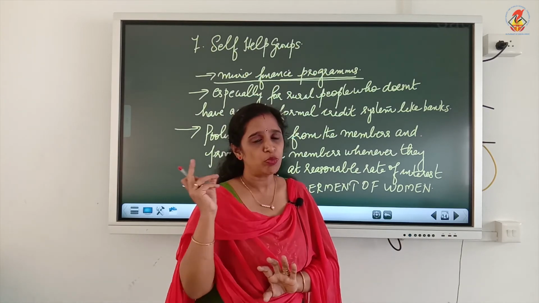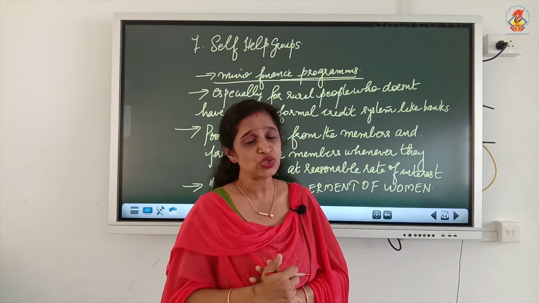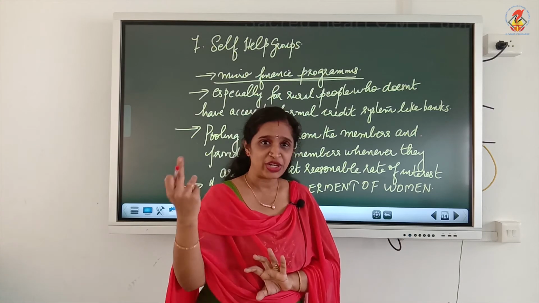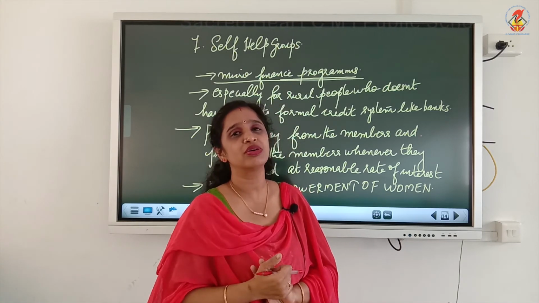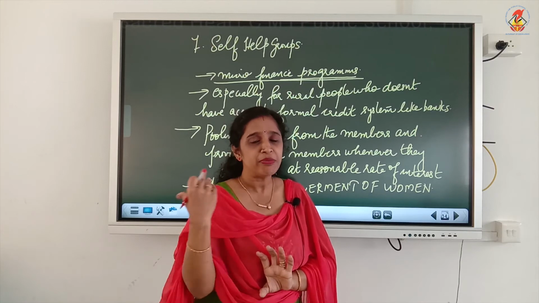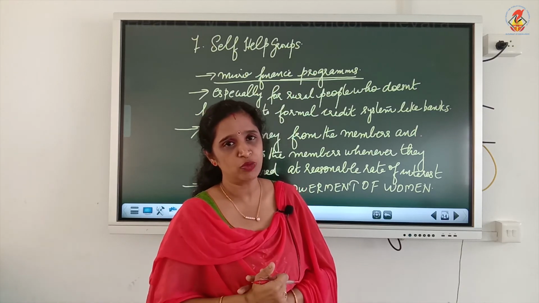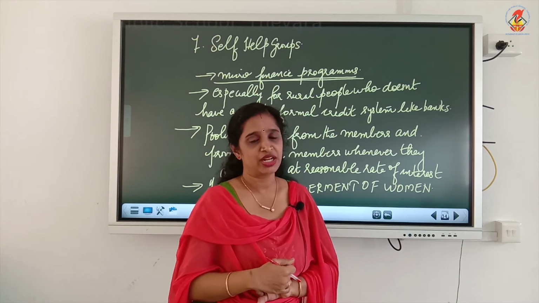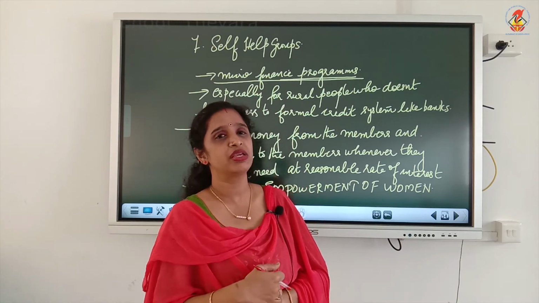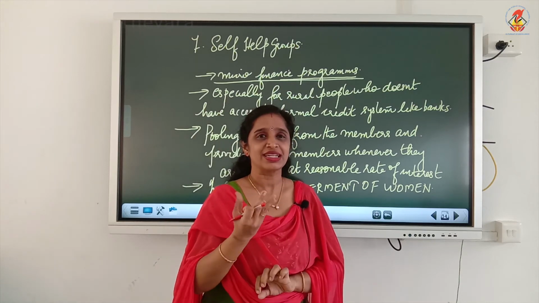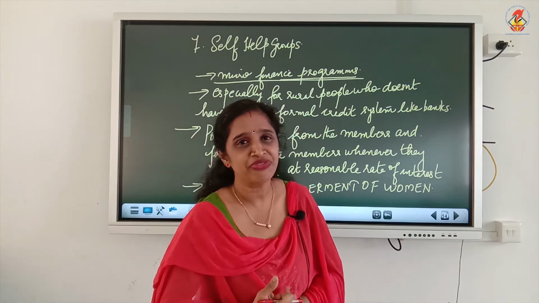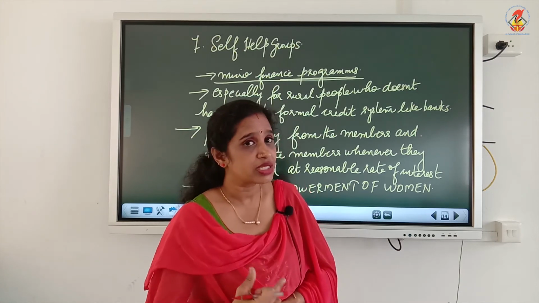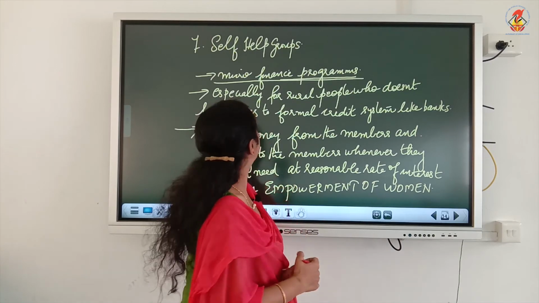So it is a small group of people, and the amount will not be that huge. A particular amount of money will be pooled among the members, and if any member is in need of that amount, it will be given by the self-help group at a reasonable rate of interest. It is limited within that particular unit. That is why it is known as a microfinance program.